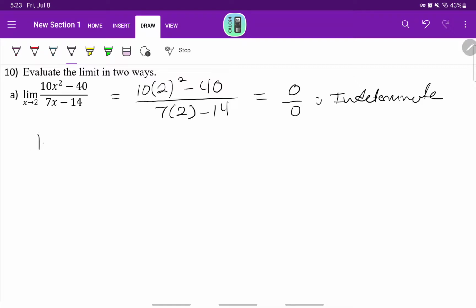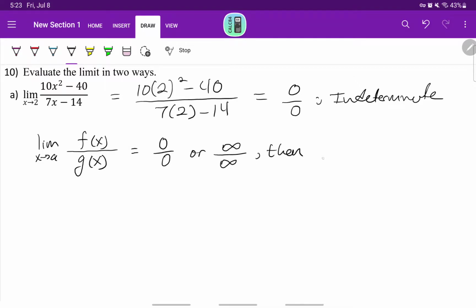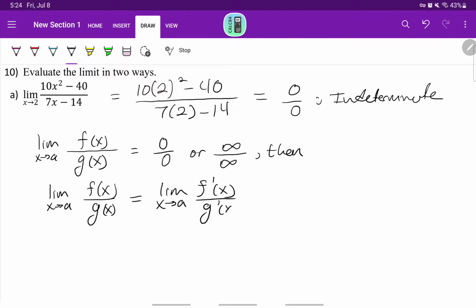L'Hopital's rule says if we have the limit as x approaches a of f of x divided by g of x, and this limit equals 0 over 0 or infinity over infinity, both of these are indeterminate forms, then we can say that the limit as x approaches a of f of x divided by g of x is equal to the limit as x approaches a of f prime of x divided by g prime of x, such that f and g are both differentiable functions.